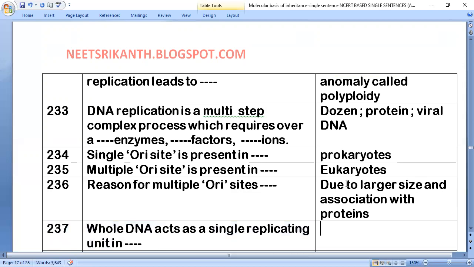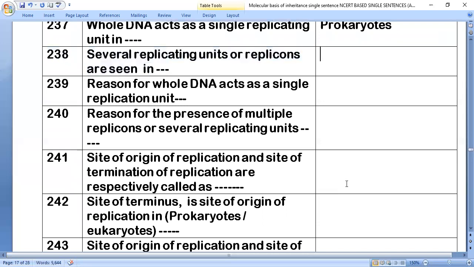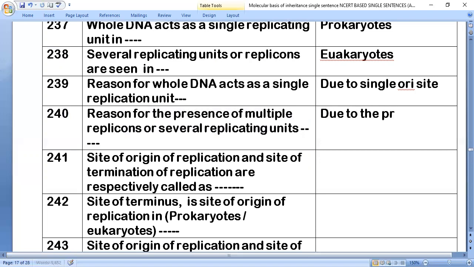The whole DNA acts as a single replicating unit in prokaryotes, while several replicating units, or replicons, are seen in eukaryotes. The whole DNA acts as a single replication unit due to the single origin, and several replicating units are present due to several origins on the DNA.